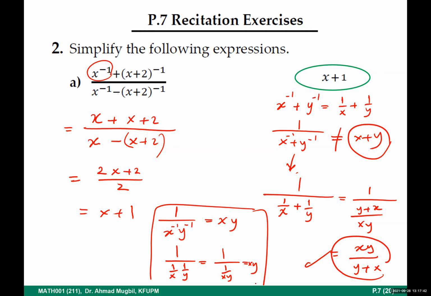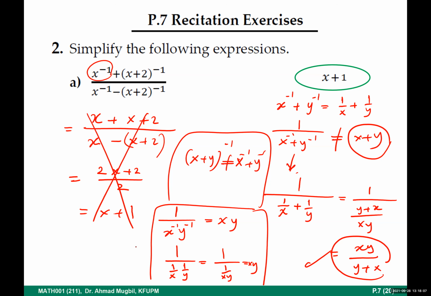So what is applicable for multiplication is not applicable for addition. Be careful, ya shabab. Similarly, x plus y all inverse is not x inverse plus y inverse. I mean here by inverse negative 1; I used to use that in Math 002. So now how to solve this, ya shabab? This solution is wrong. Be careful about that.